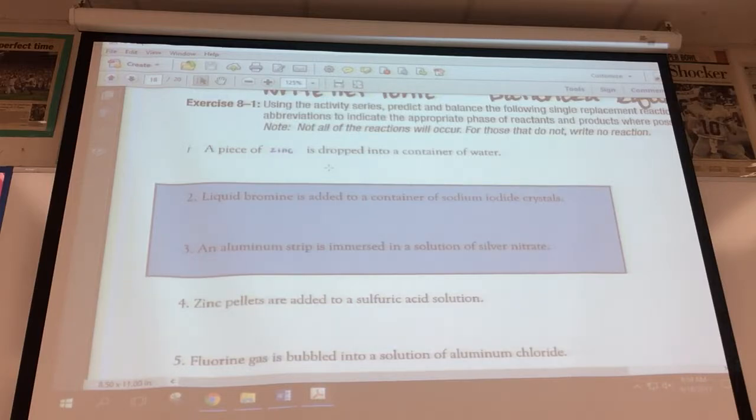I don't know whether to write Al. It's just an aluminum strip. You have it on the left side, and then you get to the right side. Yeah, on the right side.